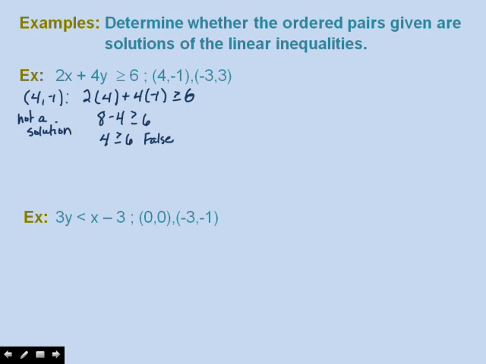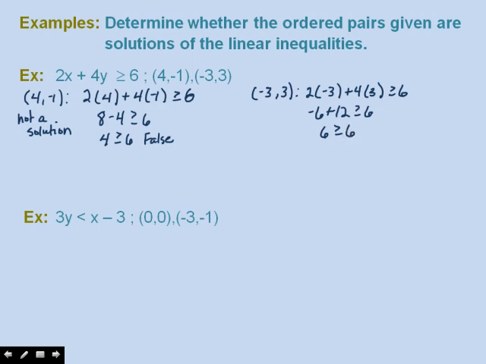Let's look at our other ordered pair, (-3, 3). So here we have -3 for x and +3 for y. That gives us -6 plus 12, which would be 6. Is 6 greater than or equal to 6?